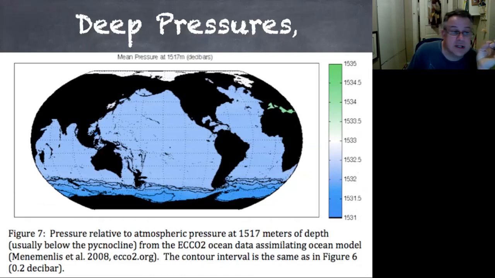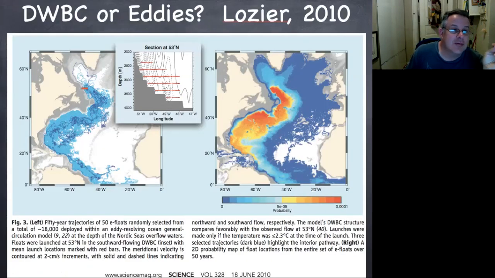One really interesting, not new discovery, but important factor bringing together our talk about waves and instabilities or eddies and the deep circulation is, if you actually carefully analyze what happens with those deep trajectories, there are many more eddying trajectories than there is a deep western boundary current.